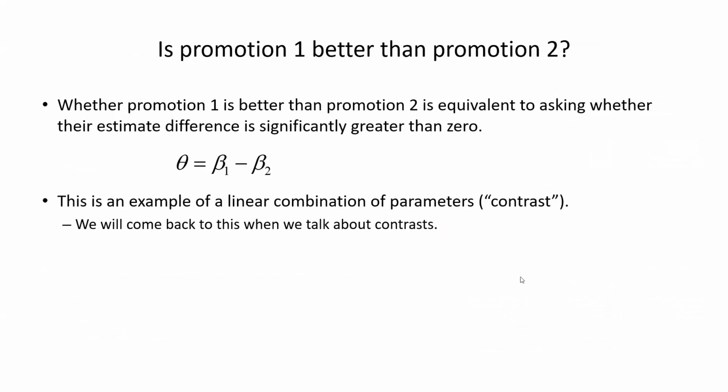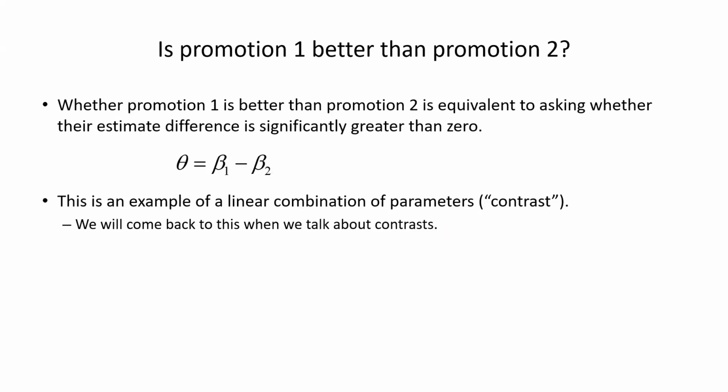But is it statistically different? Is promotion 1 better than promotion 2? That's equivalent to asking, is the difference significantly greater than 0? And the difference is beta 1 minus beta 2.